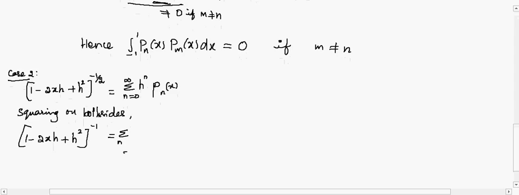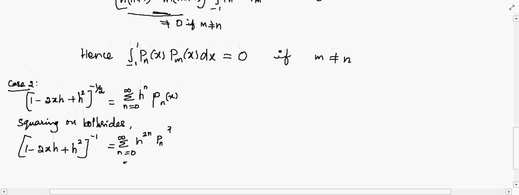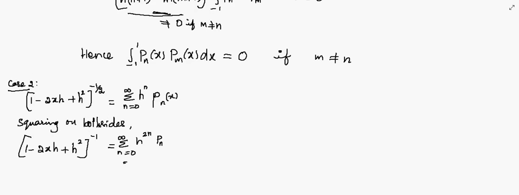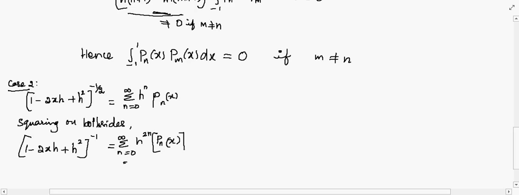So this is sigma n equal to 0 to infinity h power 2n, we'll take Pn of x whole square, plus 2 into product terms, that is sigma m equal to 0 to infinity and also n equal to 0 to infinity, but this m not equal to n, h power m plus n into Pn of x into Pm of x.